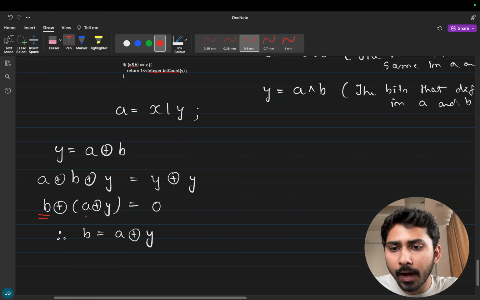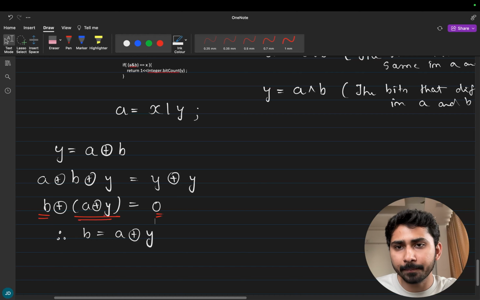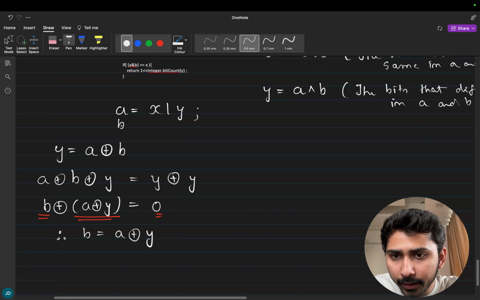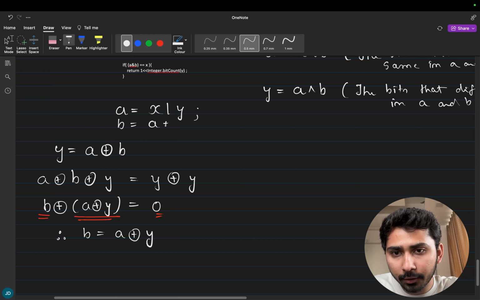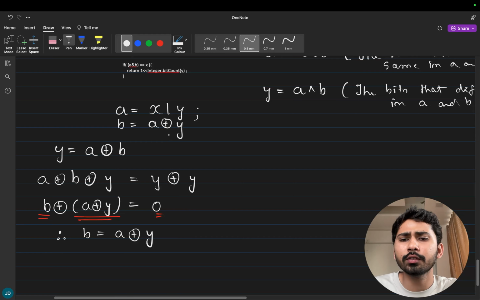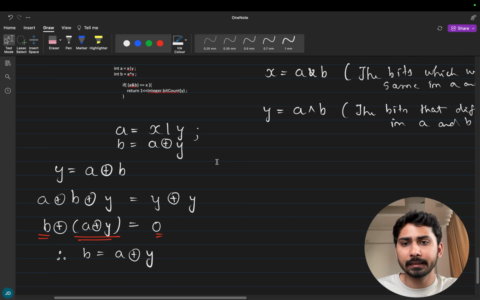because if the XOR of b and (a XOR y) will be 0, then b and a XOR y need to be the same. Only then you can get b. So I'll say b is nothing but a XOR y. You can use this operator or you can use this operator as well. Okay.